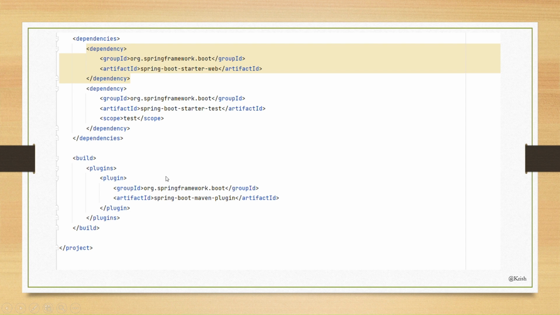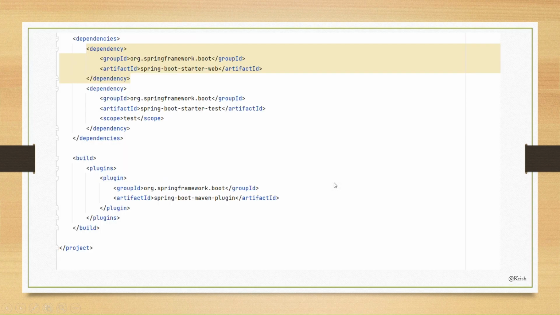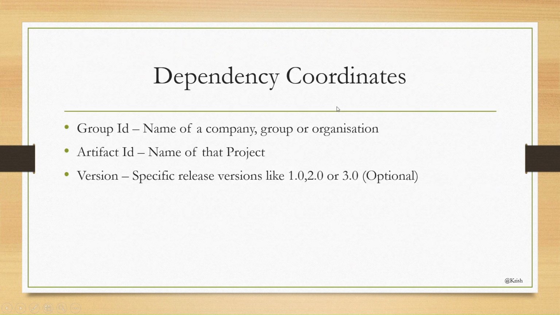And here is the plugins section, where we can add plugins. What is group ID? Group ID is like the name of the company or organization, like org.springframework.boot. We need to add it like that, like a domain name.